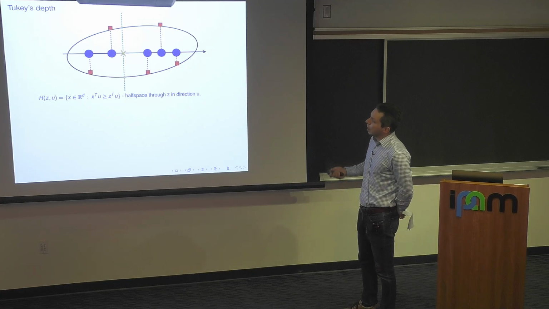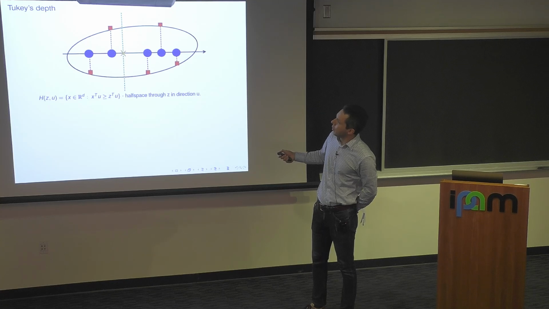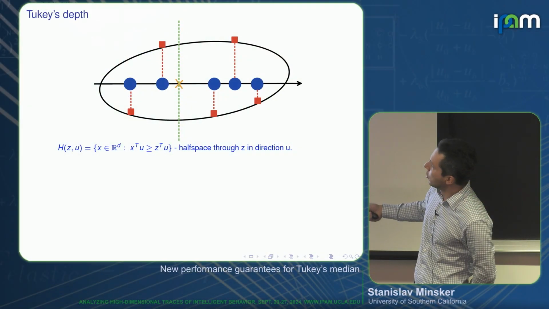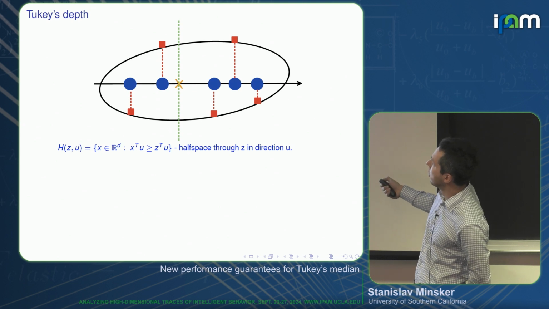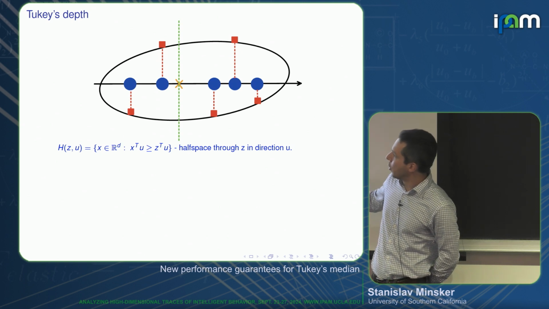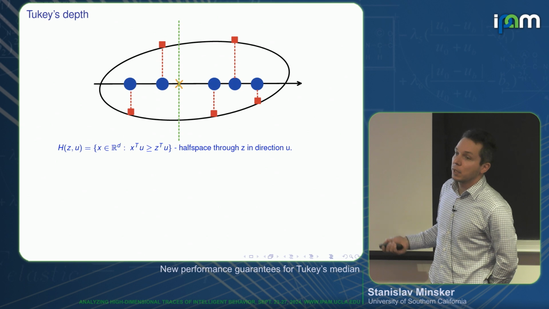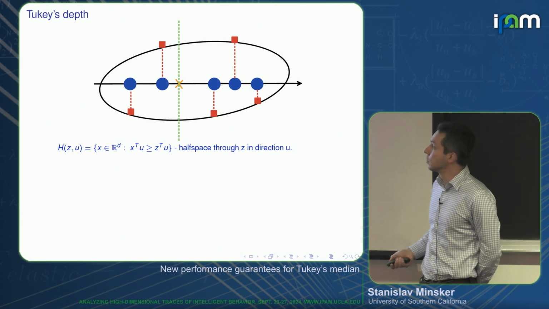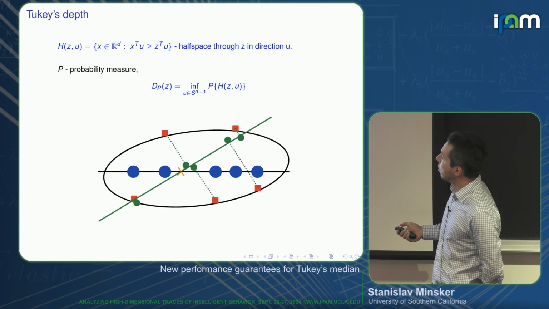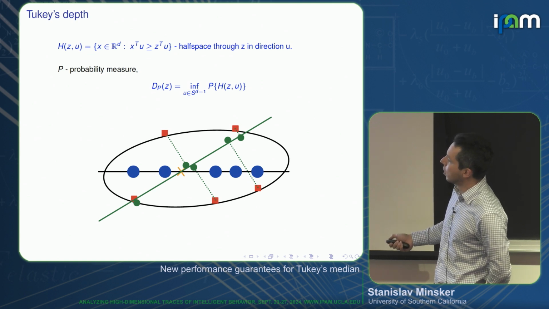Now, alternatively, I can think about this as follows. I can look at 2 half spaces that are orthogonal to this black line, and I can count the number of points in each of these half spaces and take the smallest number. And then I will repeat it for all possible directions. So now I will choose another direction, which is a green line.